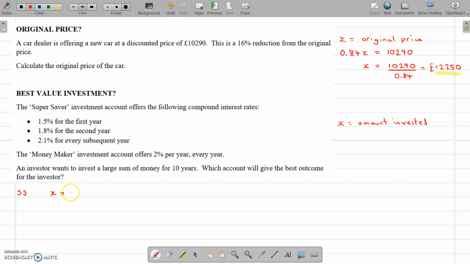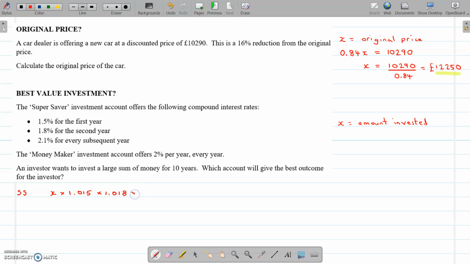So what you do is you times it by 1.015. And that's what you've got at the end of the first year. And at the end of the second year, you take the total so far and increase it by 1.8%, which is the same as multiplying it by 1.018.